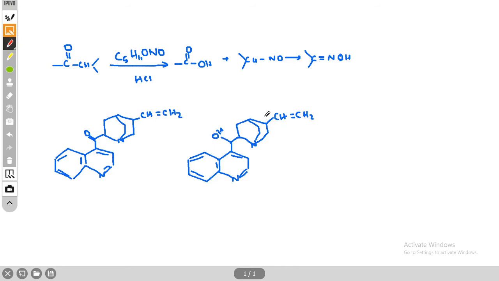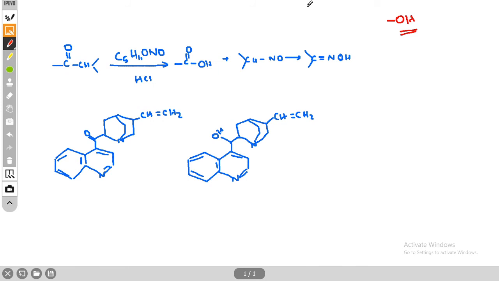Next, we should know the nature of the functional group present at the point of attachment of quininic acid and meroquinine. In preliminary analysis we noticed the presence of an OH group. In neither the structure of quininic acid nor meroquinine is there an OH group, so this OH group may be present at the point of junction between the quininic acid part and the meroquinine part.